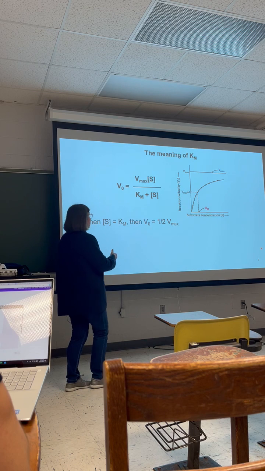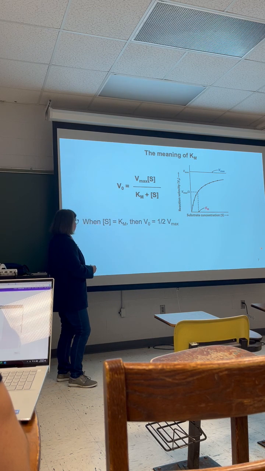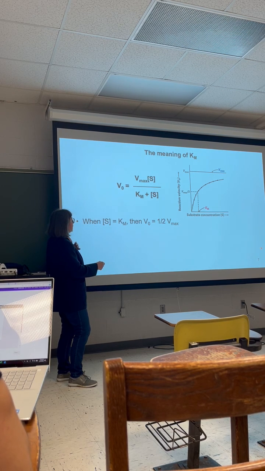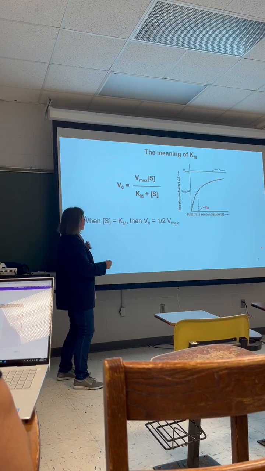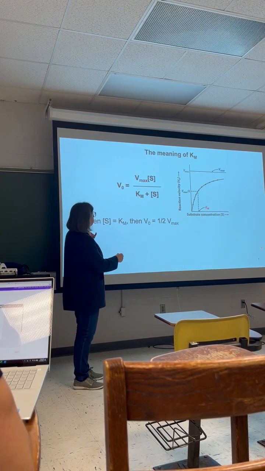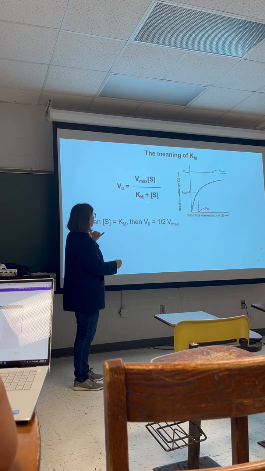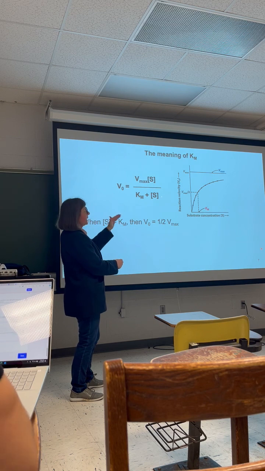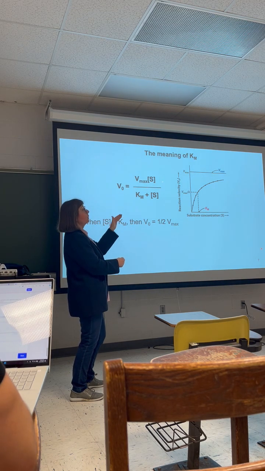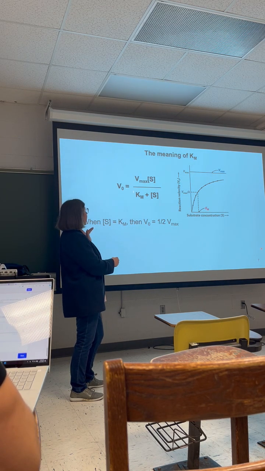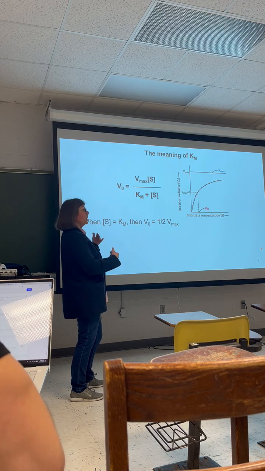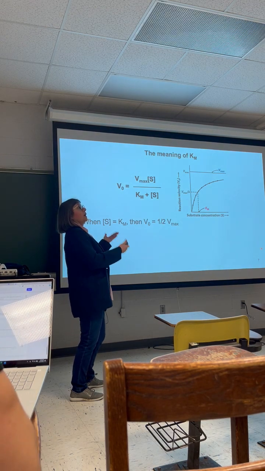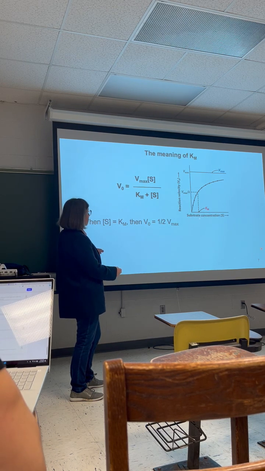Km is a little bit harder to see, but let's think what happens when the substrate concentration is equal to Km. Look at the denominator: Km plus S. We are adding Km to a concentration, which means that Km has units of concentration.